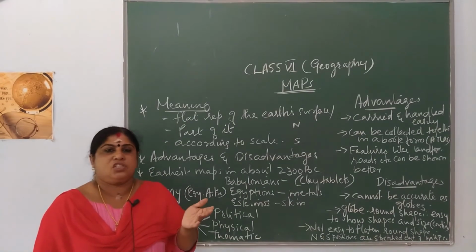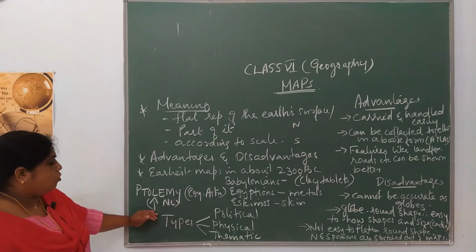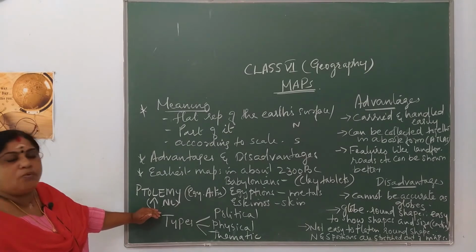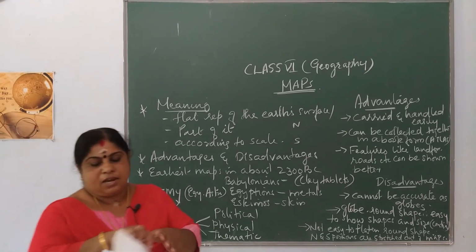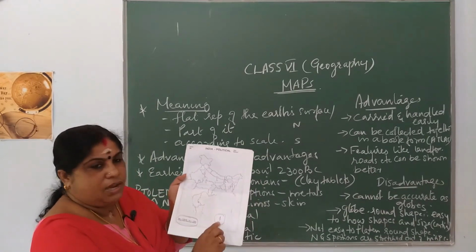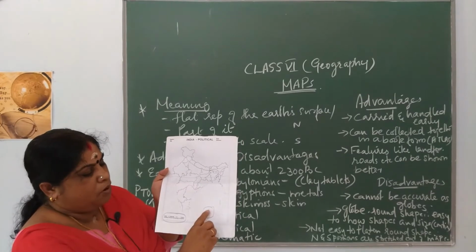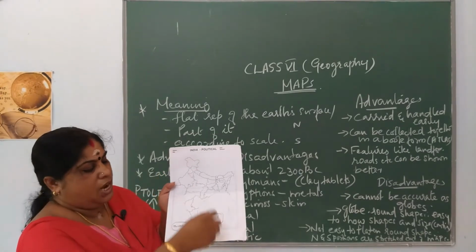He was the first person to draw an arrow pointing towards the upper region, which you call the north line. His contribution was so great that even now on a map you can see an arrow pointing upwards. This pointed arrow shows that this is the northern region and this is the south.